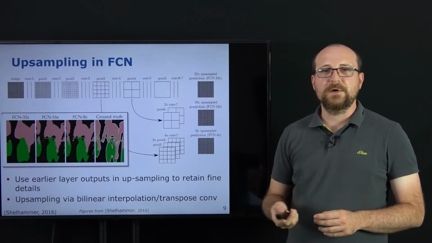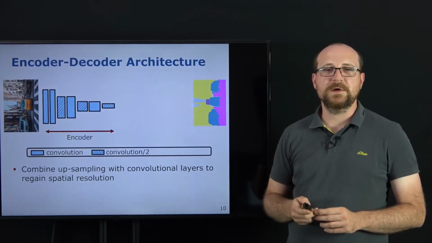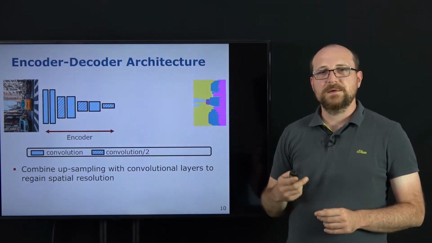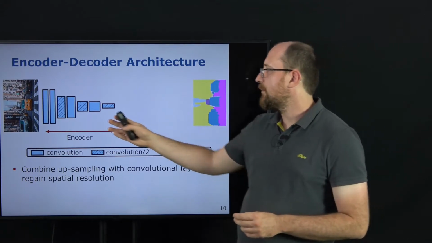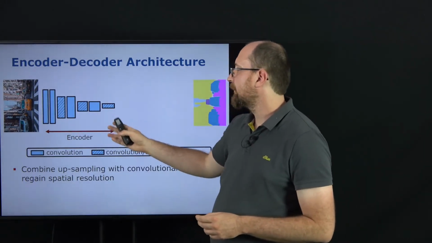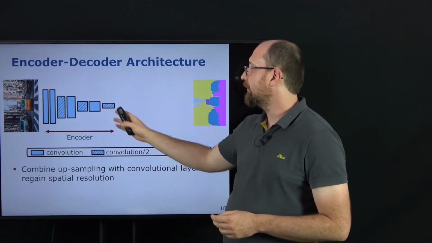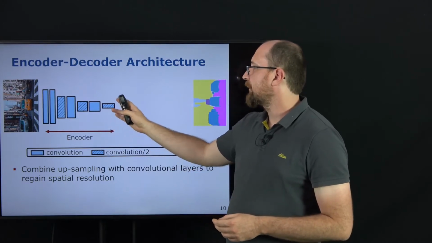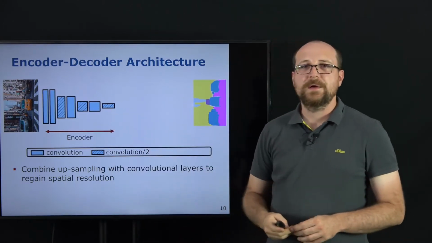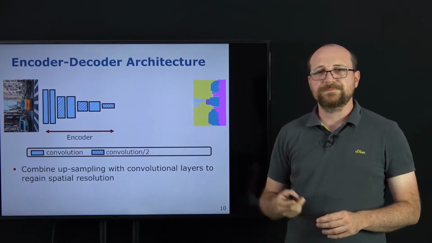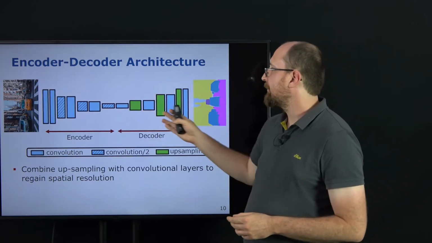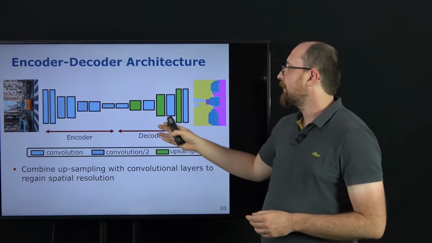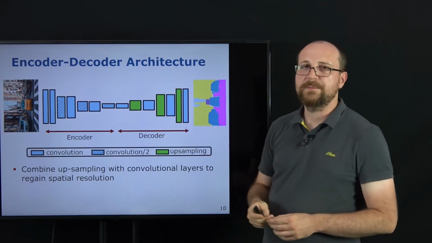We talked already about the encoder-decoder architecture. The encoder-decoder architecture is the normal convolutional neural network with, in this case, strided convolutions in between, which gives us then the feature map for this image. And then we can use basically a mirrored representation as a decoder where we have the upsampling operations in between.